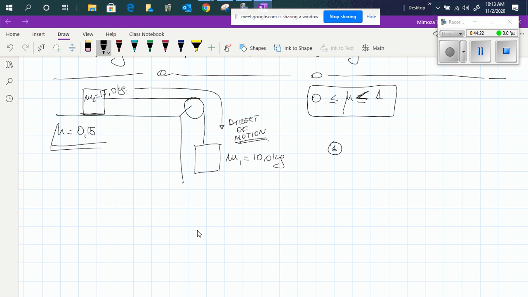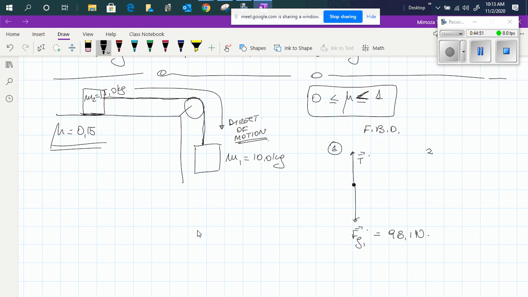So for object 1, the free body diagram will be something like this. Force of gravity 1, that will be 98.1 newtons, and a tension. Now again, since we have one string that starts at object 1, goes around the pulley and moves to object 2, then tension is the same.